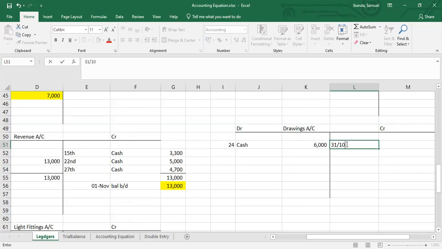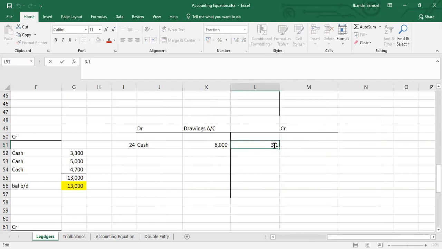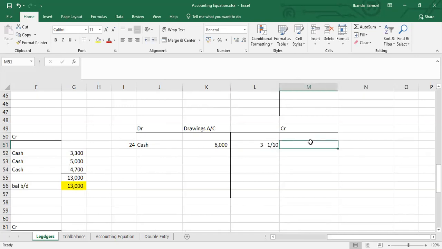Drawings, 31st October. Okay, this is balance carried down. How much? 6,000. So it means that your total will still be 6,000.